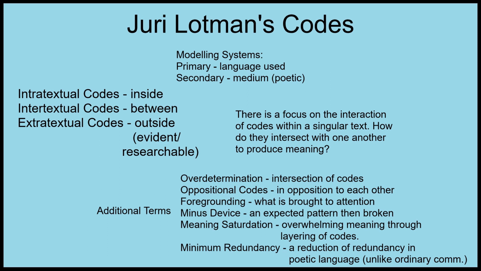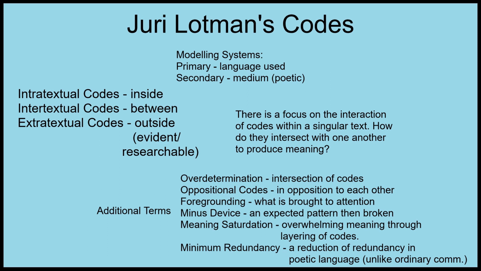Now, these are like extra things. You could understand Juri Lotman's codes without necessarily knowing these, but you'd be getting an incomplete picture of it. And if you're writing an essay and you're only talking about intra, extra, and inter, you're missing out a lot of stuff. You're not talking about everything that you should be talking about.